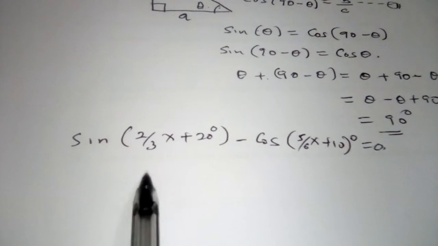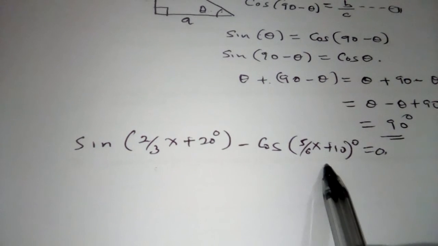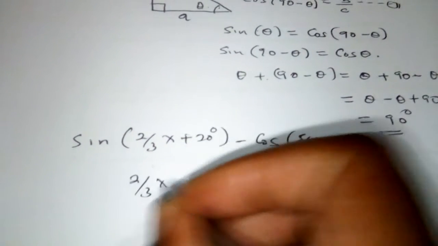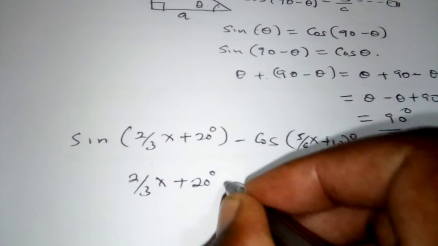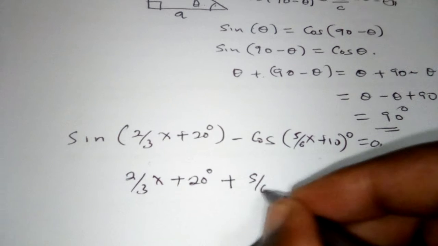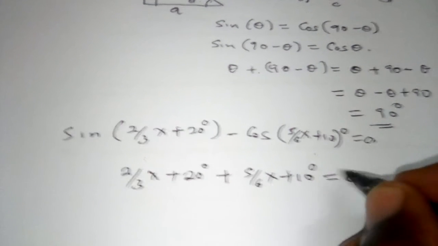If we take these two angles, add them and equate to 90, that is quite legitimate from the previous fact that we have observed. So that is 2/3 x + 20 degrees plus 5/6 x + 10 degrees.